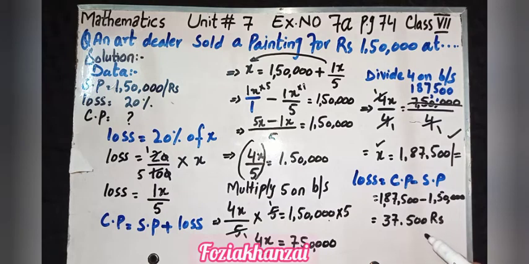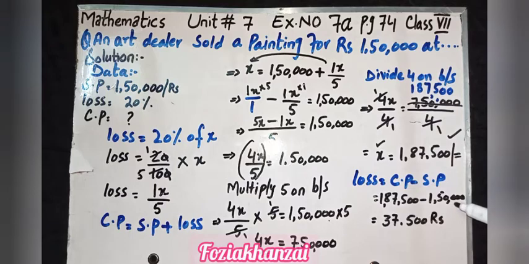So this amount is the loss amount, which is 20%. Is it clear, girls?